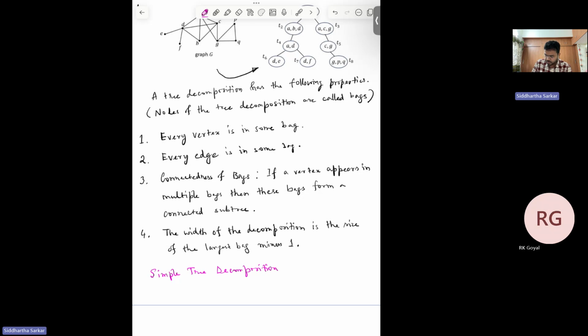In a simple decomposition, no bag is a subset of another bag. To put it in perspective, if there is a smaller bag which is contained in a larger bag, then that is not simple. So simplicity requires that no bag is a subset of another bag in the decomposition.